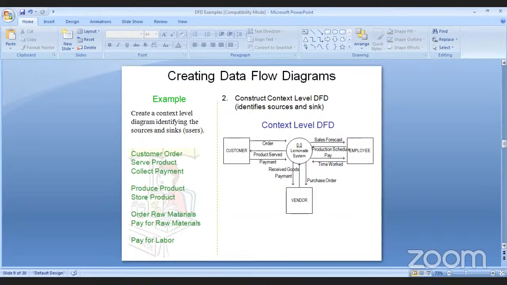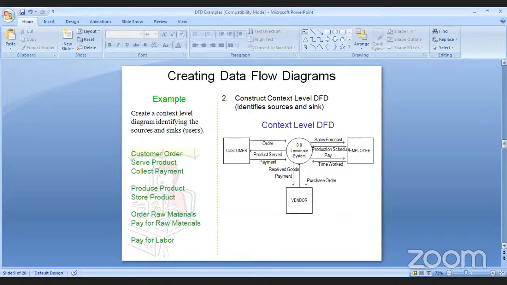Now, once the order is received, the system will search whether similar products are there or not. But that is the internal one. Whenever an employee will use that system, the customer is an outsider, but an employee is an insider, and will use the system to schedule the production.